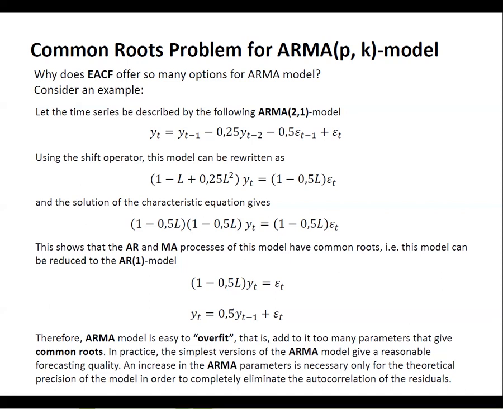Whether these roots are common or not, on the sample data we look at what seem to be different roots, but when we try to take into account the sampling error, we understand that it is highly likely that these differences in the roots of 0.49 and 0.495 can be caused by sampling error and the fact that we set a specification of the ARMA model with a sufficiently large number of parameters.